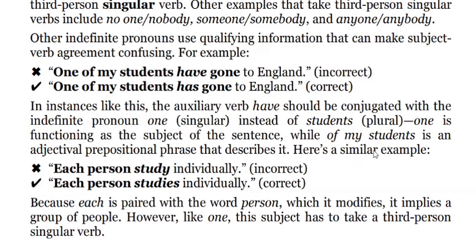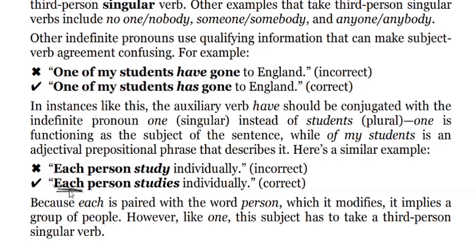Here is a similar example. Each person study individually. Incorrect. Each person studies individually. Each person means there are many persons, thousands, hundreds, millions, billions, but with each person we are talking about one person.